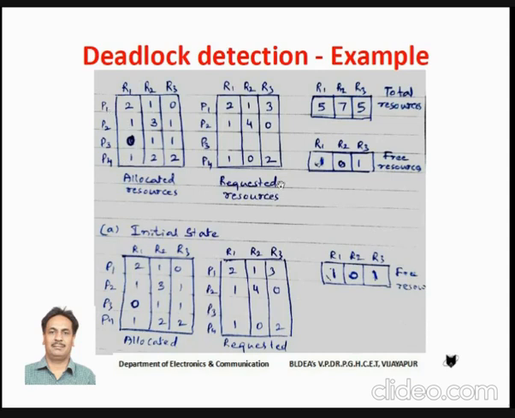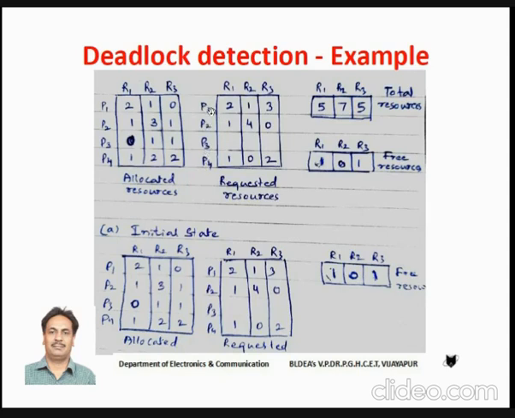Then we have the second matrix, which is used to represent information about the resources requested by the processes. These are additional resources which are required to complete execution of these processes. Again, the column headings are R1, R2, R3, and we have rows P1, P2, P3, and P4.